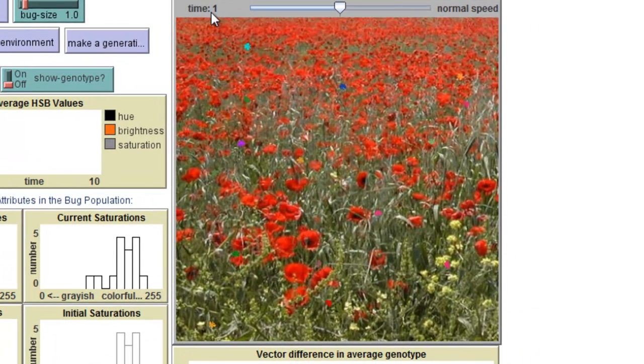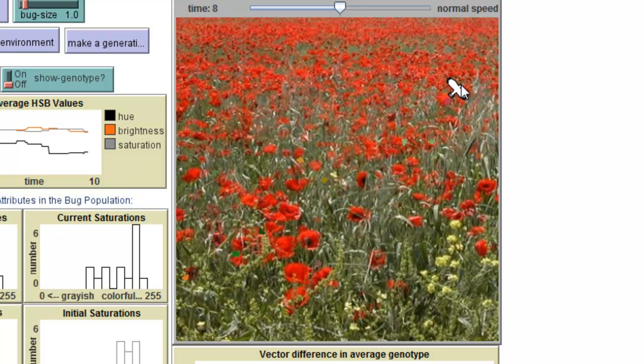You see that the time is starting to click up, and I can just click on some bugs and eat them. And eat, eat, eat. There's a bug. Obviously the bugs that are not well camouflaged are easier to see and easier to eat.